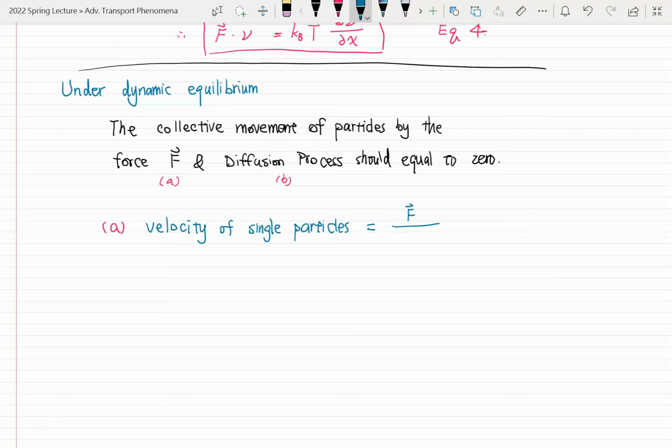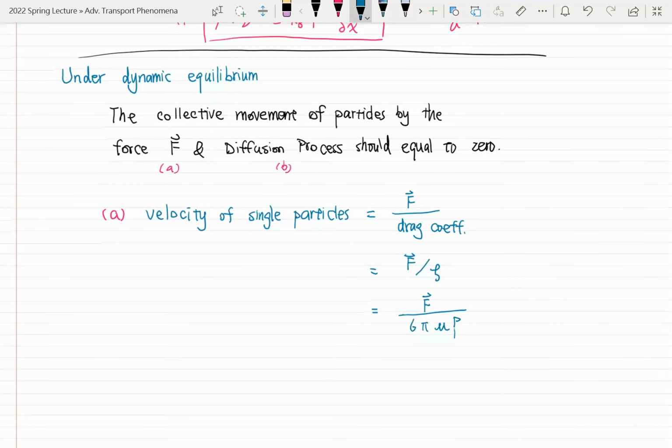So the velocity equals the force divided by the drag coefficient. And for a spherical particle, that equals F over 6 pi viscosity times the radius of the particle, a.